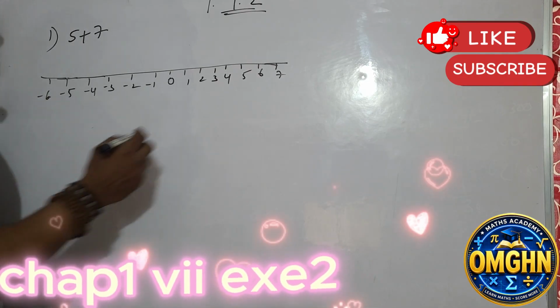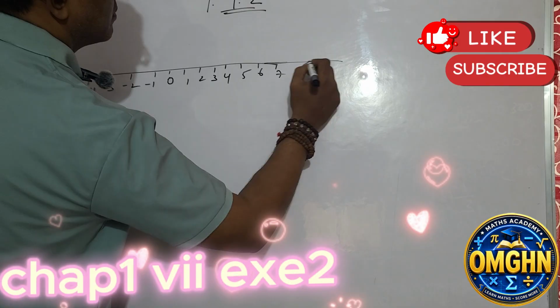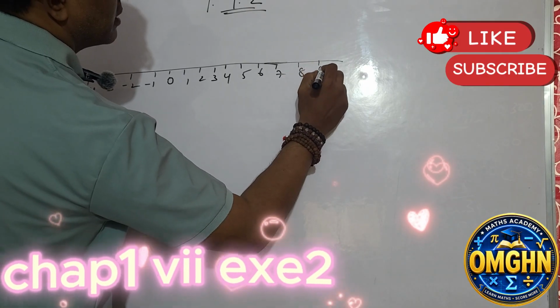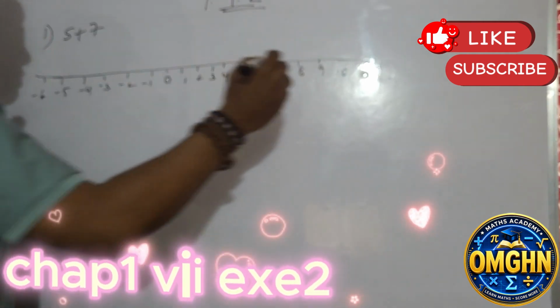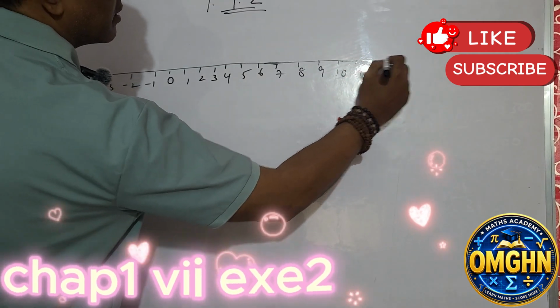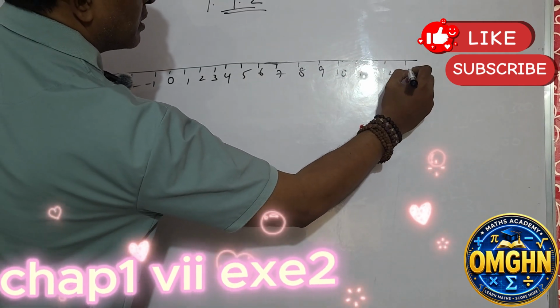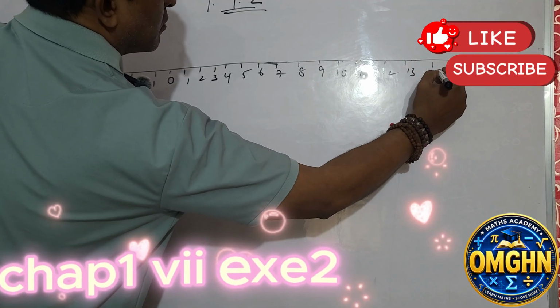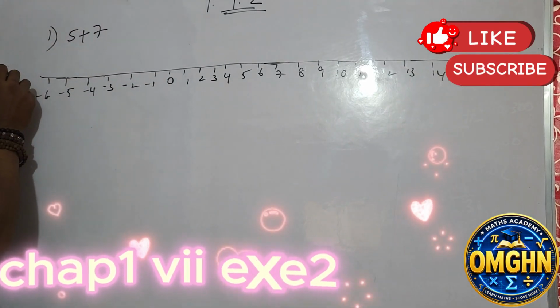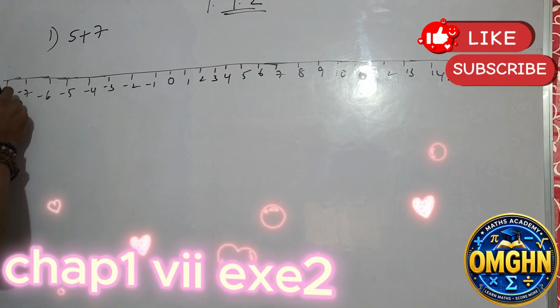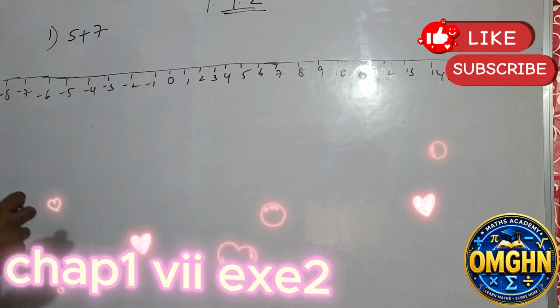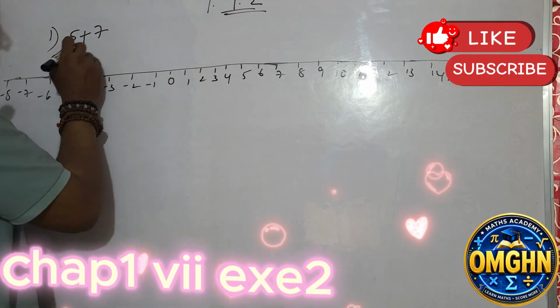Then 8, 9, 10, 11, 12, 13, 14, and on the negative side -7, -8. So, the question is asking us to find 5 plus 7.